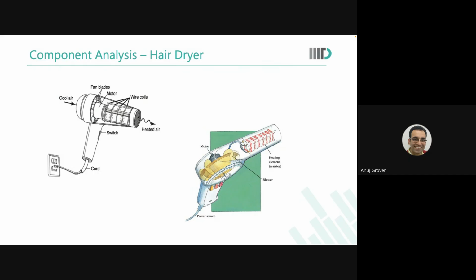I had not written power source. Let's write it here. And any other views? Air. Where is air? Is it system? Super system? Super system. Air. Okay. Outer casing of the, okay, enclosure. Okay.